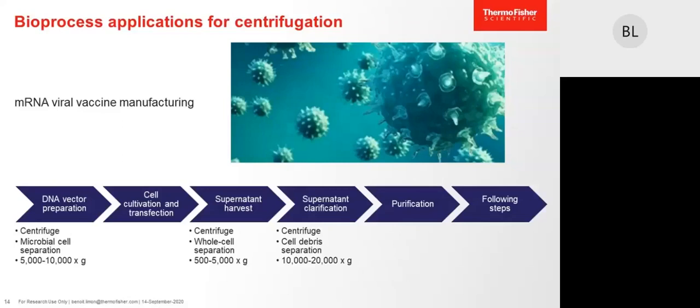So growing microbial cells, producing the DNA plasmid, the DNA vector, and using the centrifuge, again 5 to 10,000 G, to harvest the microbial cells and lysate the DNA vector, and then again using the centrifuge for the harvest and the clarification step after the cell cultivation and transfection, followed by the purification and the final formulation.